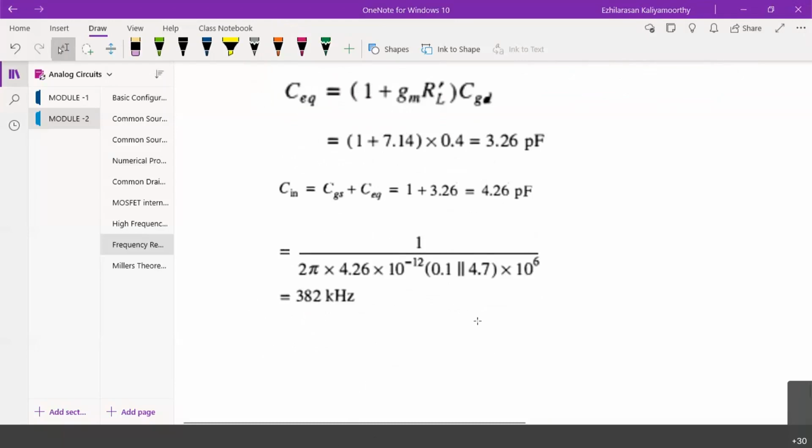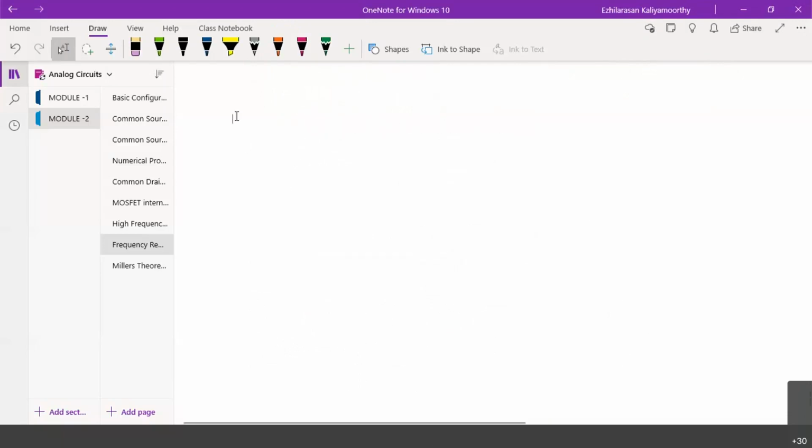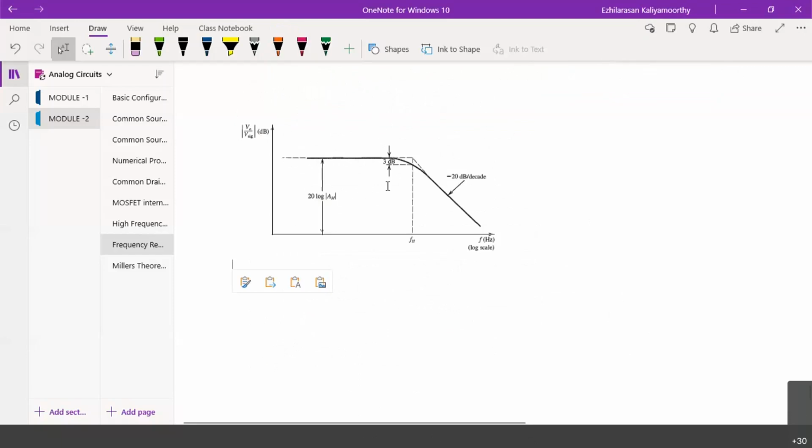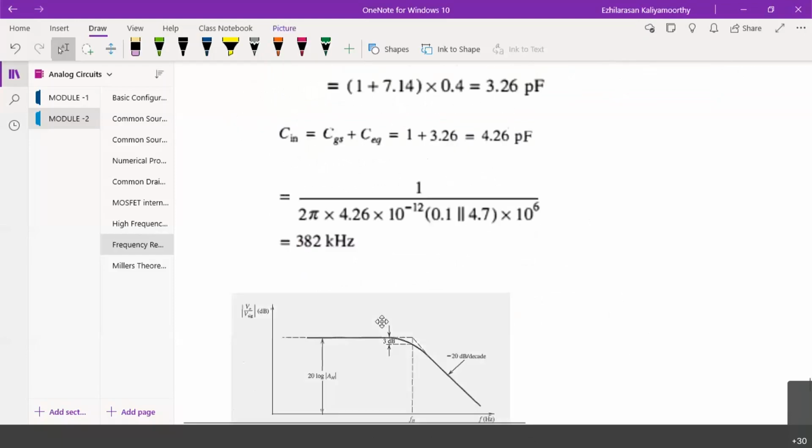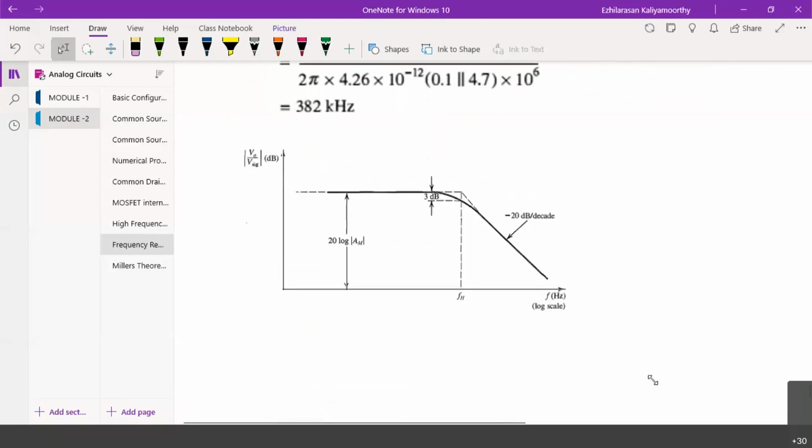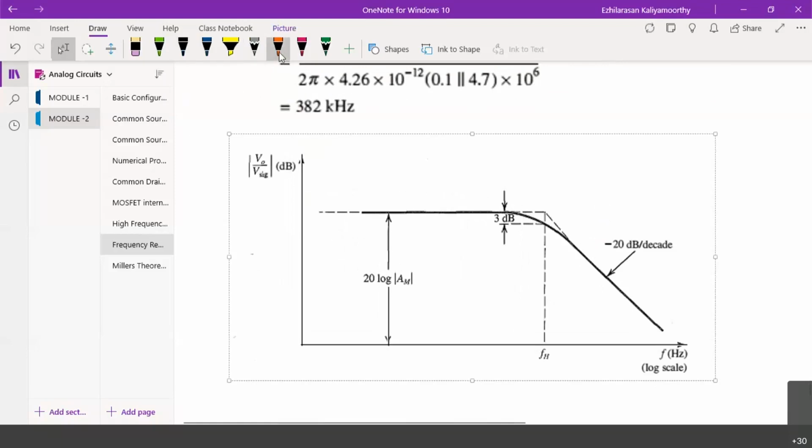Now from this, we'll draw the diagram of the high frequency response. This is the high frequency response of the common source amplifier. Here I can write FH is 382 kilohertz, which means it is the higher cutoff frequency.